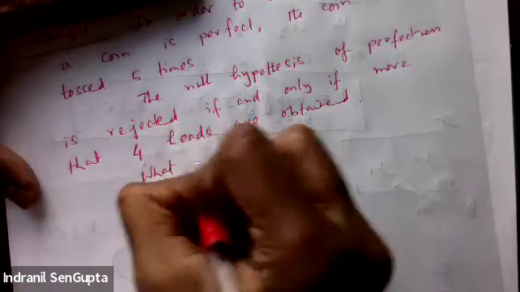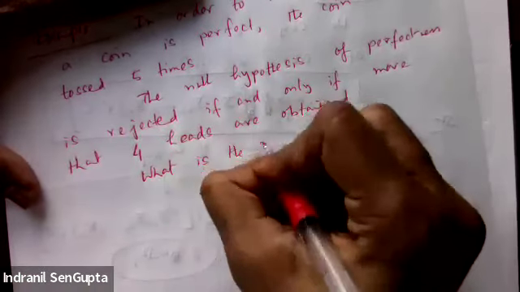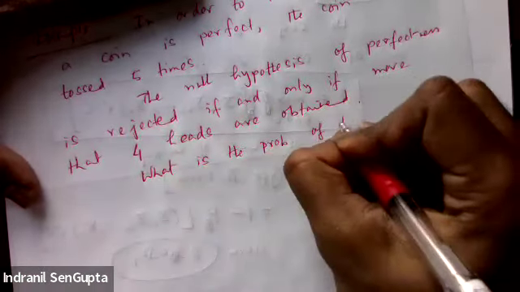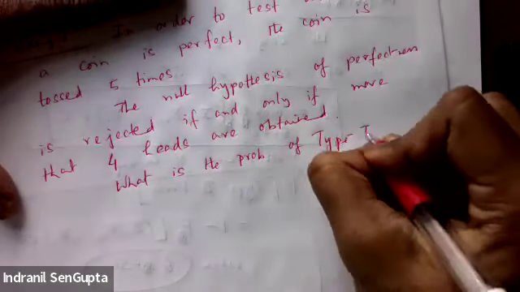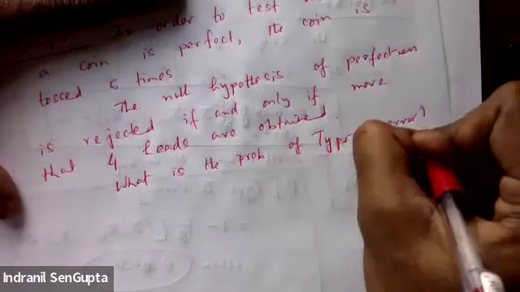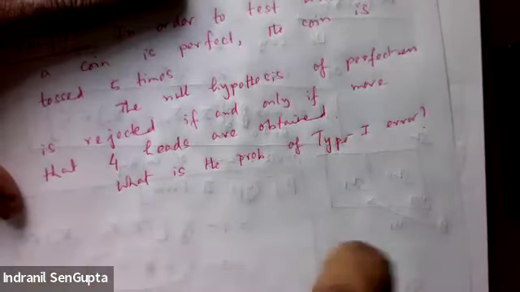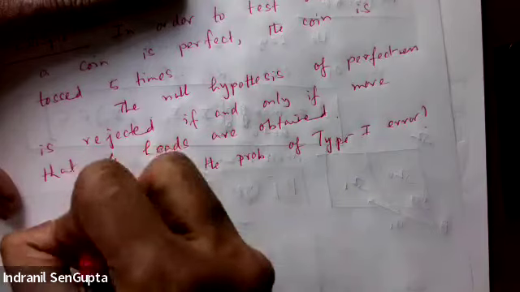Question is, what is the probability of type 1 error? This is the first part.